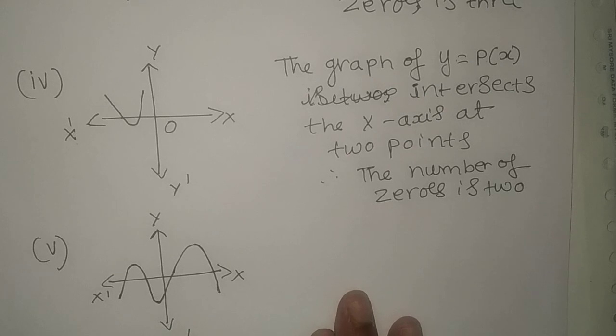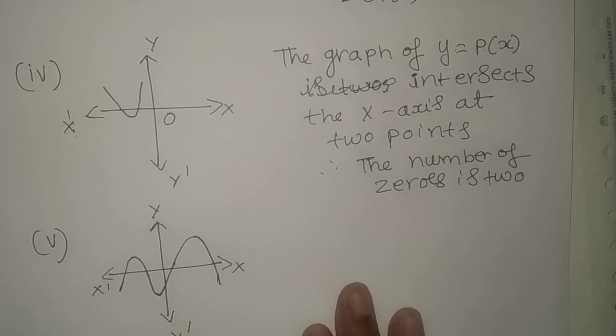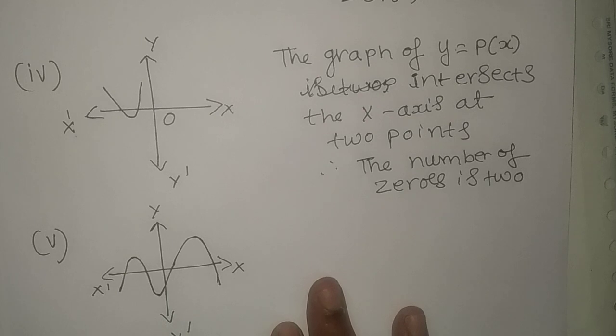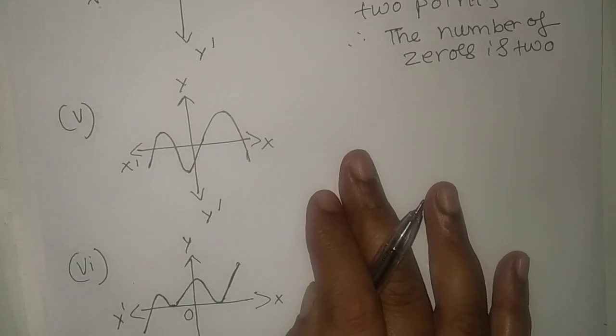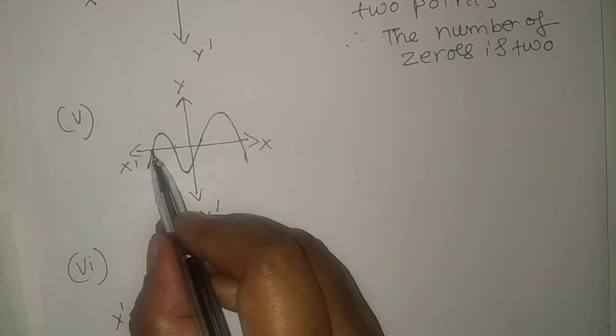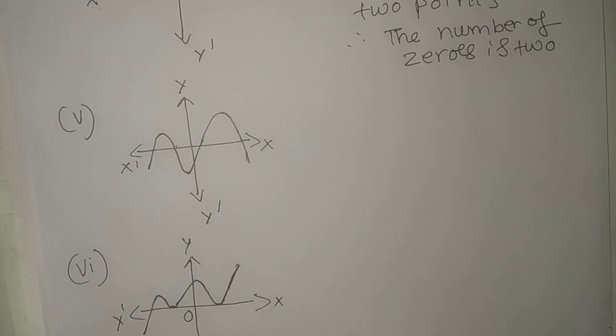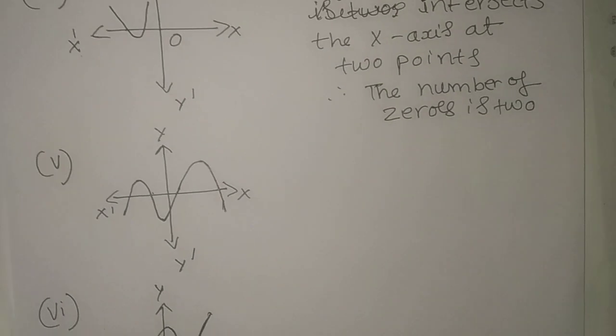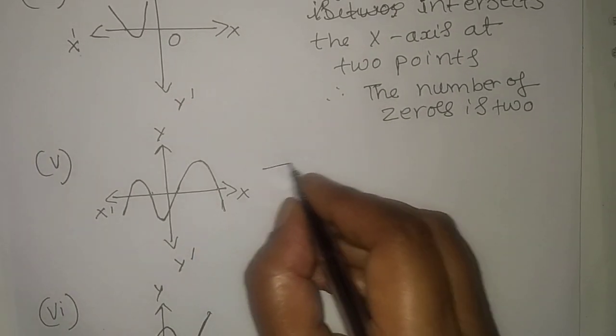Now we move on to the fifth one. Here, how many zeros? We'll see in this one. That is 1, 2, 3 and 4: 4 points or 4 zeros. So what is the conclusion?